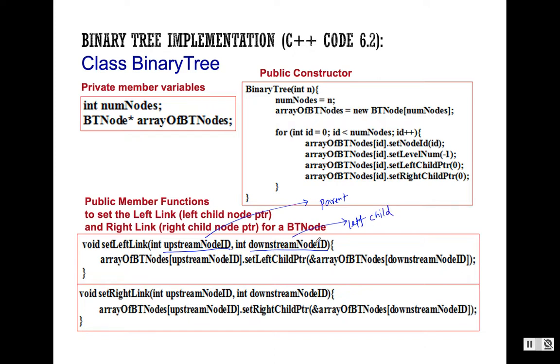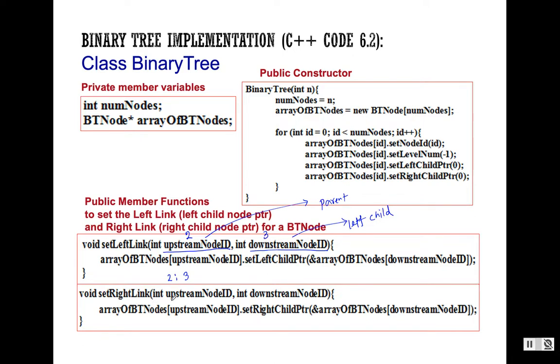So this will be the left child of this parent node. So if 2 has left child node 3, in that case we are going to use the node id 2, and as the child node we are going to use the node id of 3.